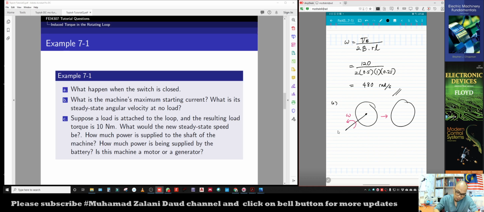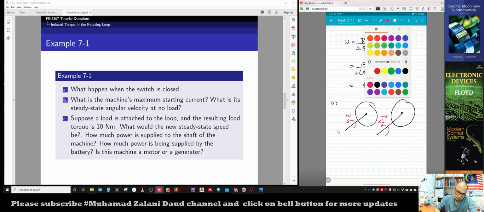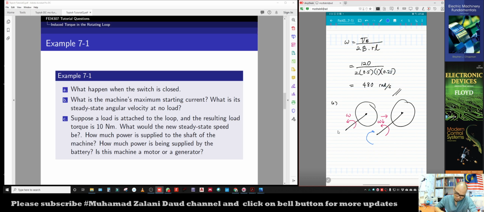So when I connect the 10 newton meter load, this omega will be reduced because of the opposite torque of the load.